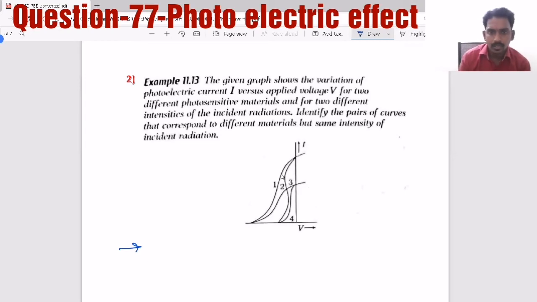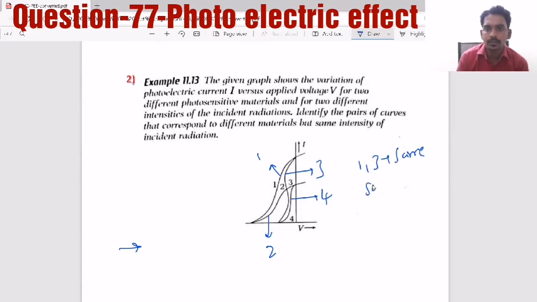See, let's take, this is 1, no confusion. But this is 2. Now this is 3 and this is 4. Now when you consider 1 and 3, they have the same saturation current.